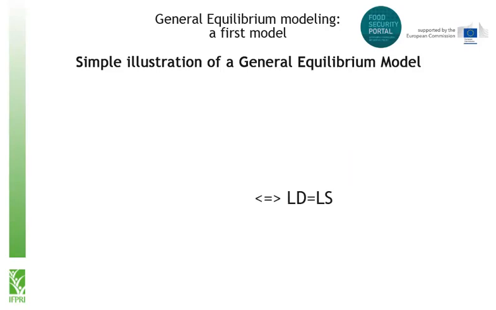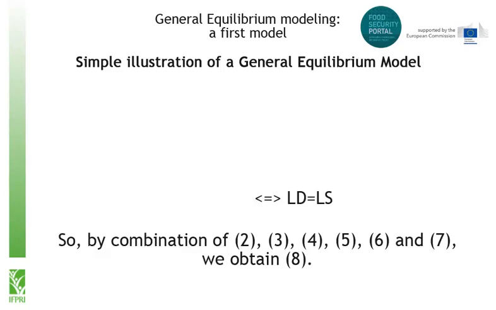So it means that by combination of 2, 3, 4, 5, 6, and 7, we obtain equation 8, which means that equation 8 is not independent. It is derived from other equations. So this is what we call Walras's law, which means that the system is underdetermined.